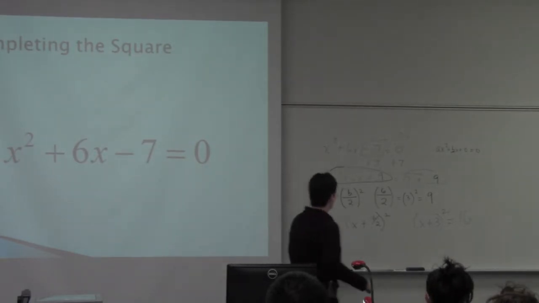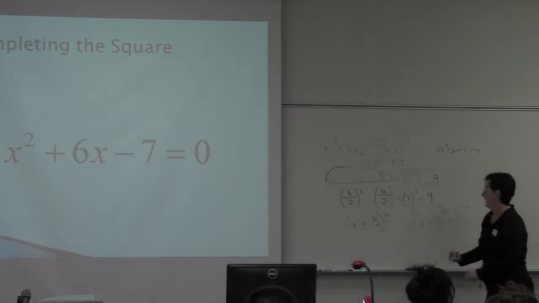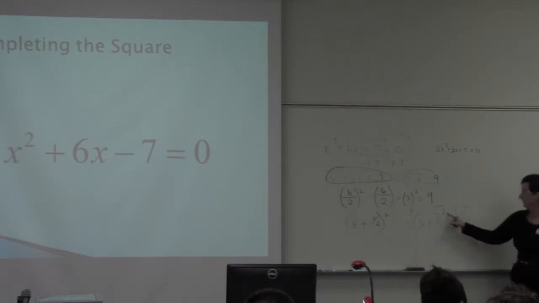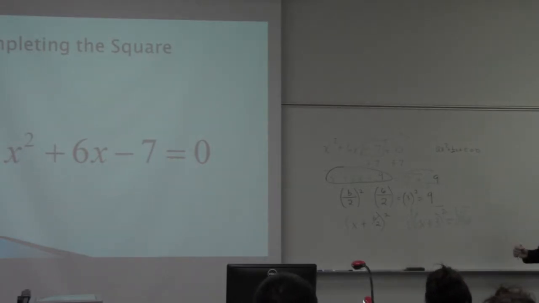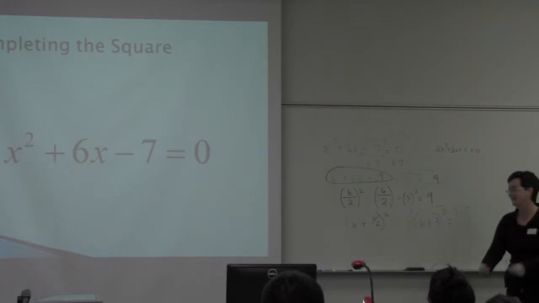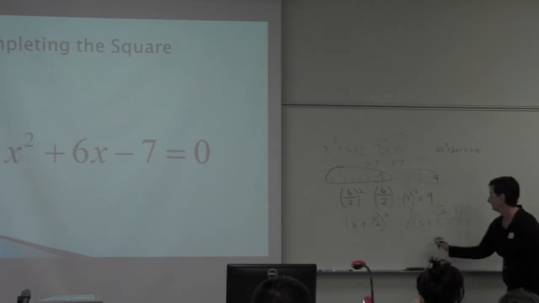Take the square root. So we're going to take the square root of both sides. All right, so over here, what happens when you put the square root and the square together? Pow, pow. I used to say it was like my kids in the back seat of the car, right? Pow, pow. Those are inverse operations. They undo each other. So what's left?